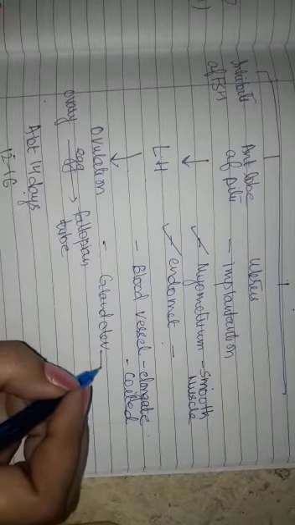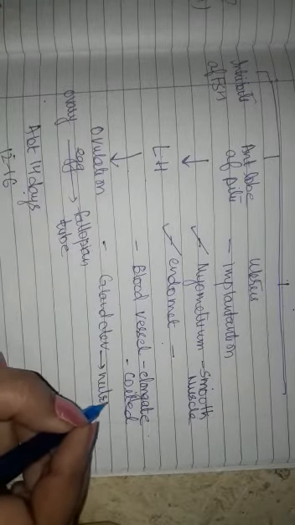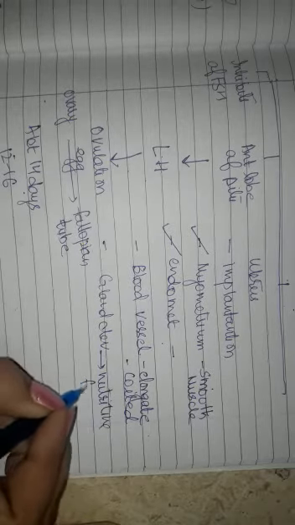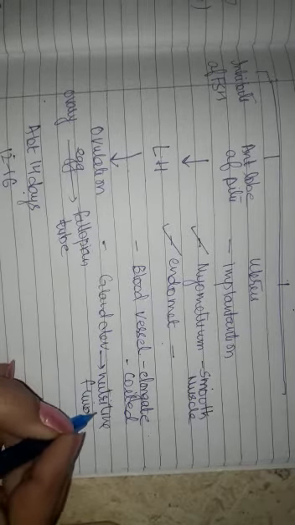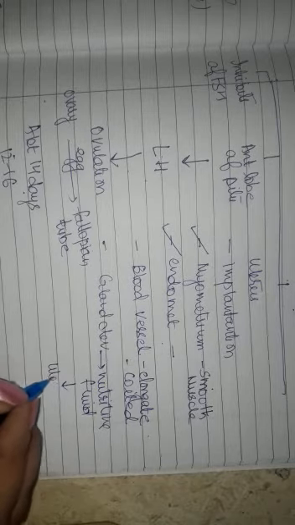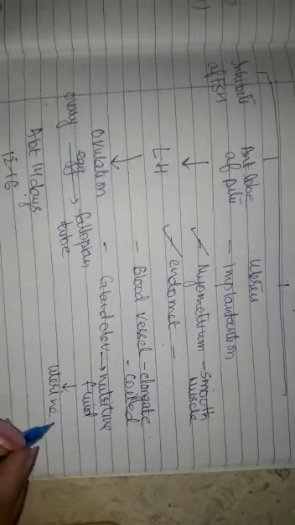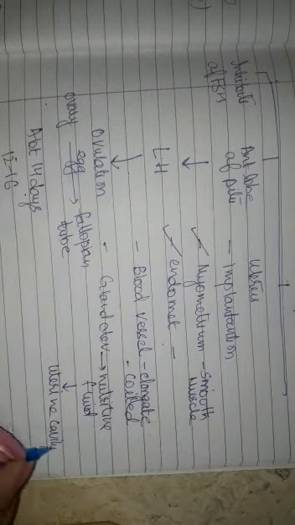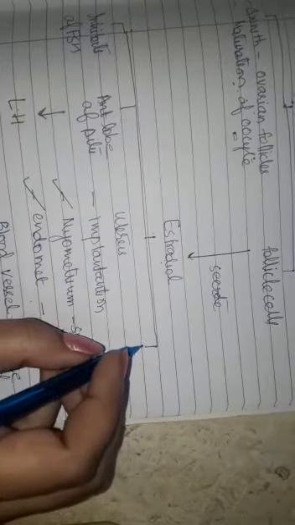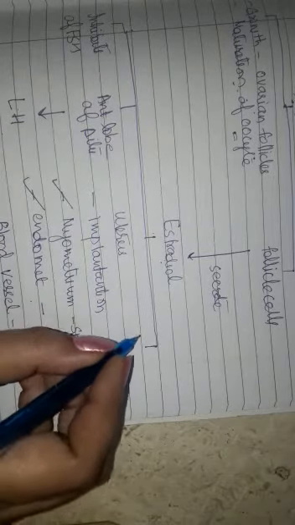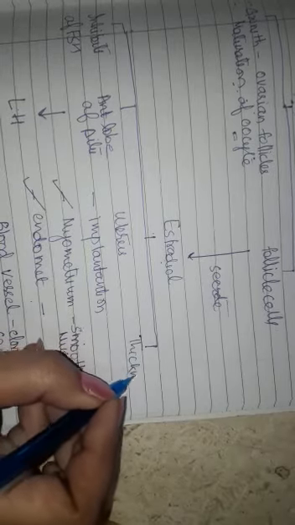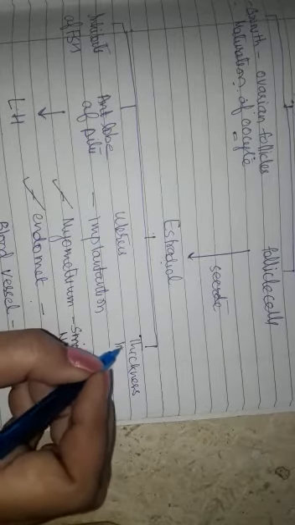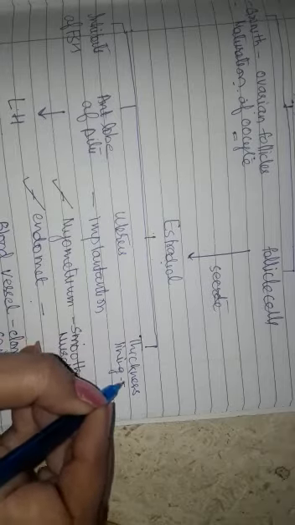Glands develop, which secrete a nutritive fluid in the uterine cavity. And this estrogen also helps in increasing the thickness of lining of fallopian tube.